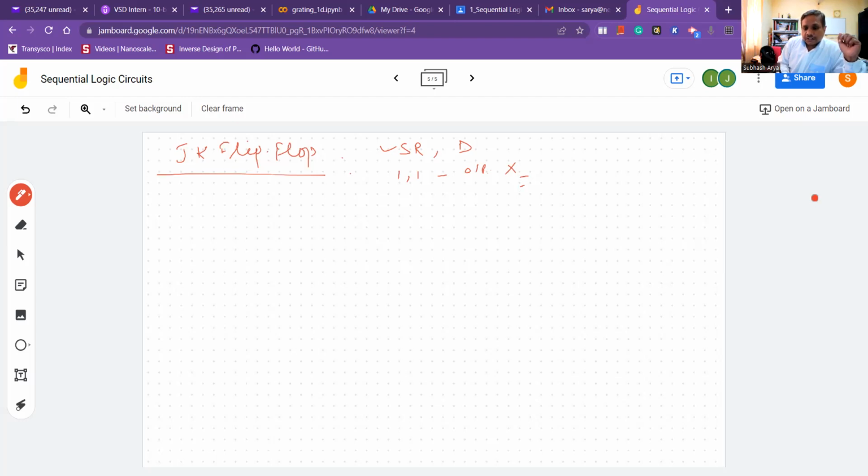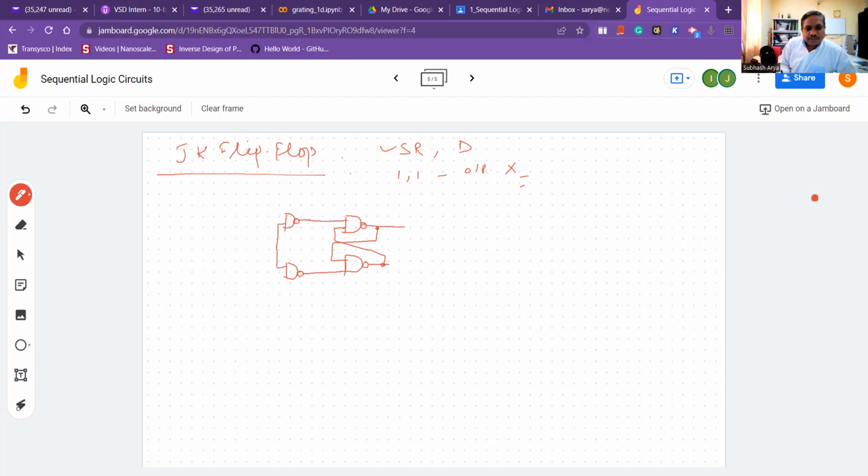So let us see the circuit diagram of the JK flip-flop. It is again cross-coupled, the way it was for the SR flip-flop. So we draw like this. The output of the first NAND gate is given to the input of the second NAND gate, and the input of the first is connected to the output of the second NAND gate. We are just following the way we drew the circuit diagram for the SR flip-flop.